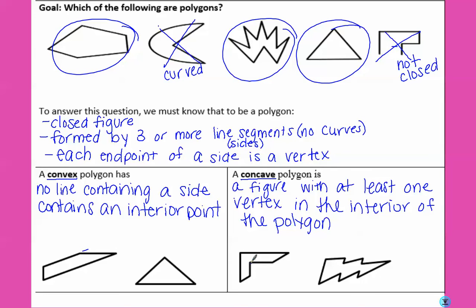So see how this one sort of goes up into the figure. This one has these vertices inside the shape, whereas in these others, the vertices are all on the outside.